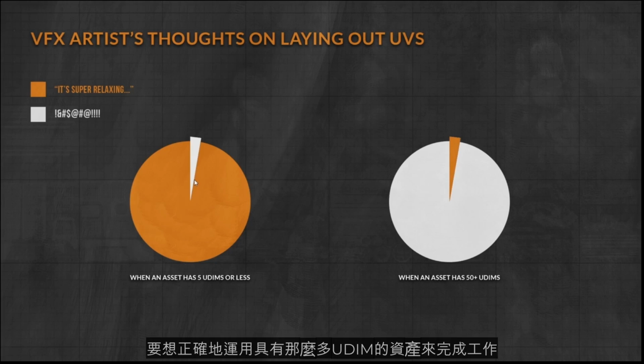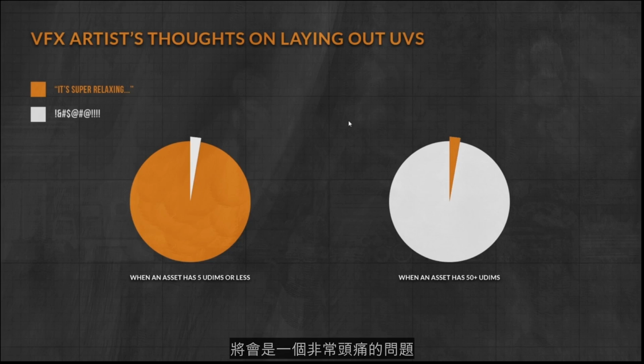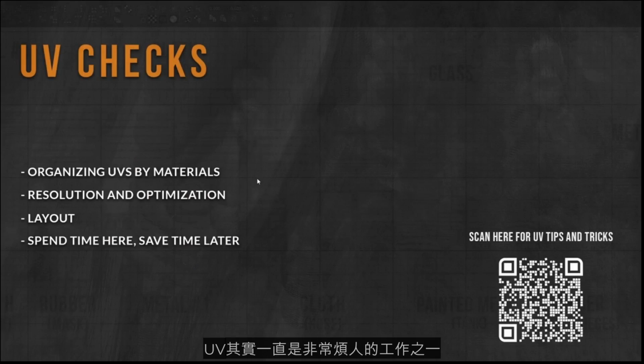If you do a proper layout of an asset that has all these UDIMs, it's going to be a headache. But UVs are one of those things that can be really annoying, but it's also one of the most important things to keep in mind, because if you spend some time here, you're going to save a lot of time later on.